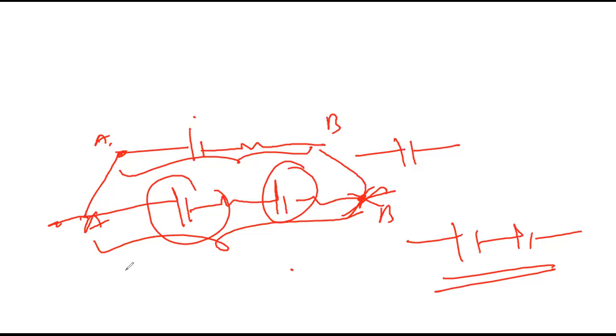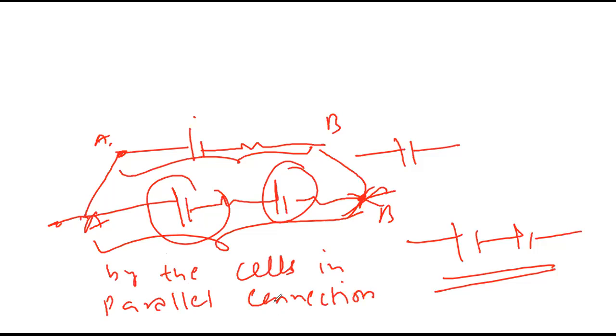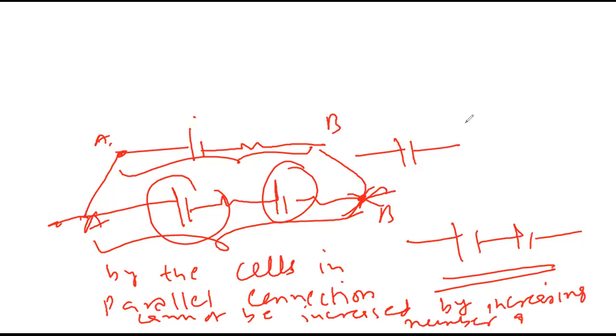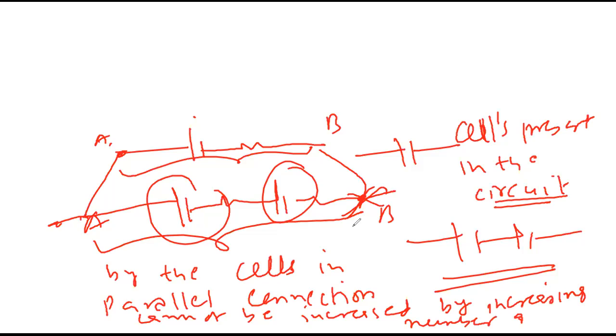The voltage developed by the cells in parallel connection cannot be increased by increasing the number of cells present in the circuit.